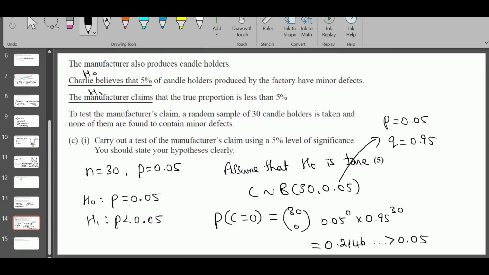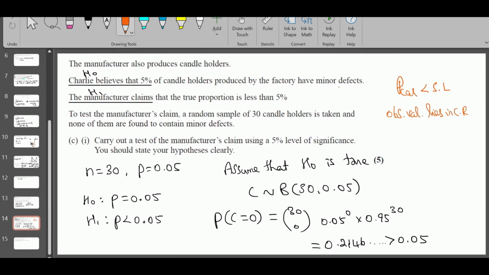So you just need to remember this. If the calculated value is less than the significance level or the observed value lies in the CR, we reject H0, otherwise we do not reject H0.